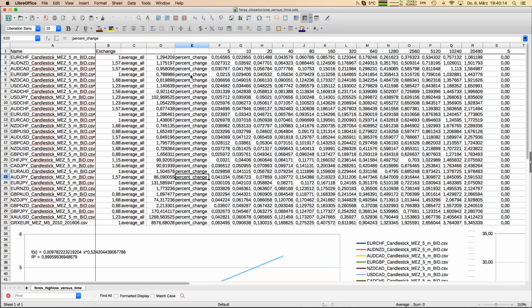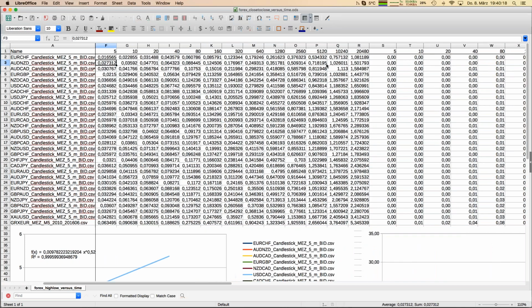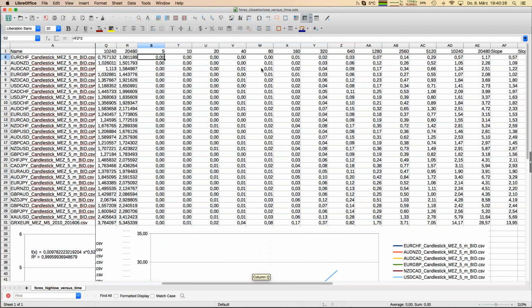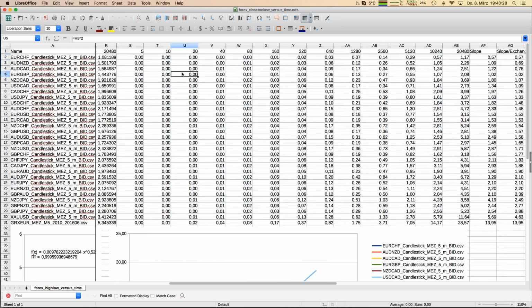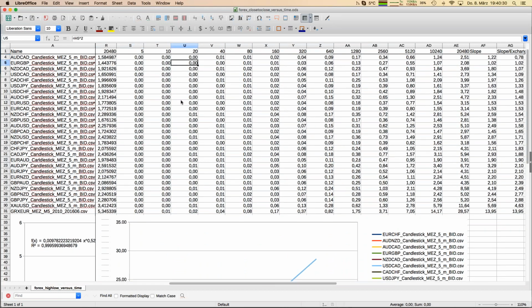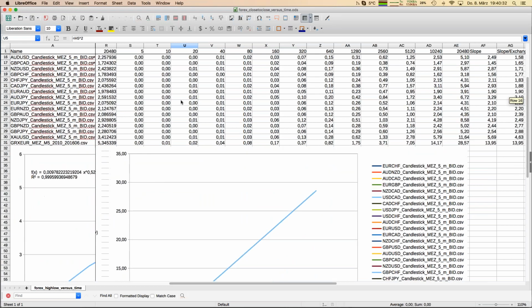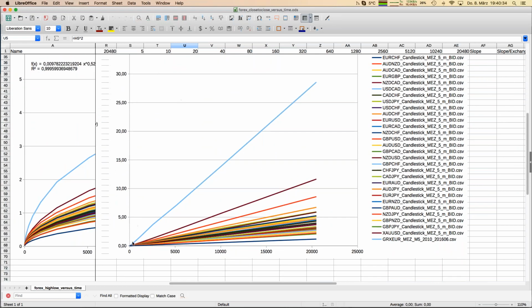Since we know it's a square root behavior, we simply square those numbers. You see what I have done here in the Excel sheet? I squared all those price changes. And if you do so, and now once again you build a graph of that squared price change versus time, you get those straight lines which go through the origin.